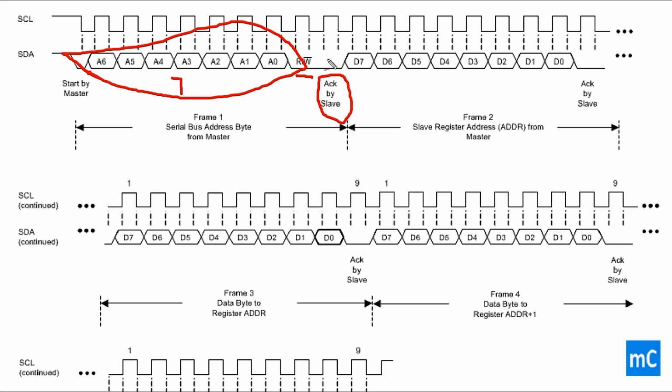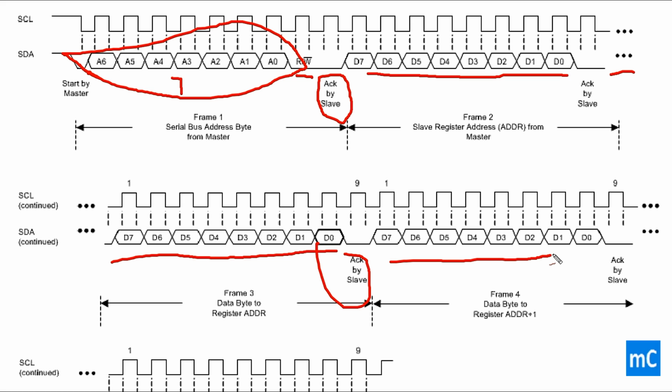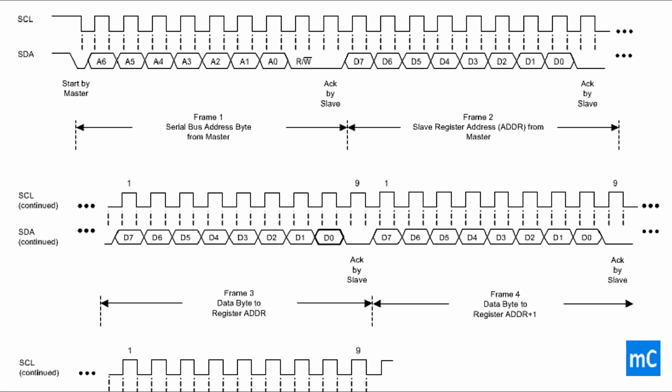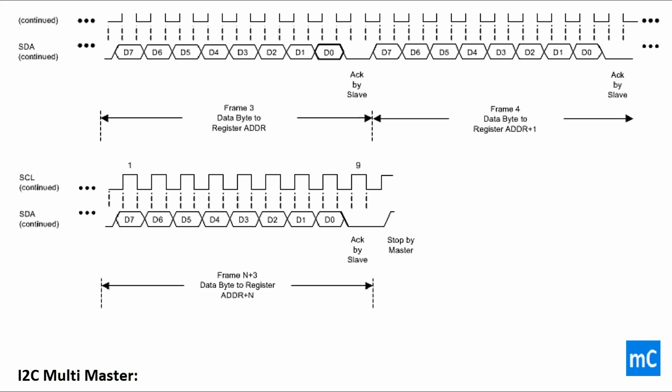So based on this read or write, the data transfer happens by sending or receiving the data, and again the ACK is given, and it continues, and the next data transfer happens, and again an ACK, and the next data transfer, ACK by slave, and it goes on until the stop condition is received.